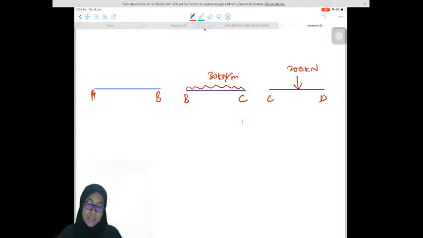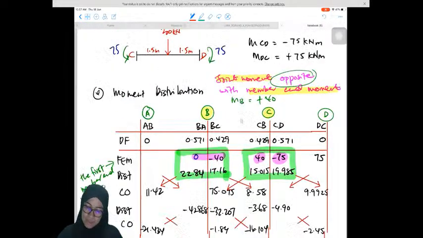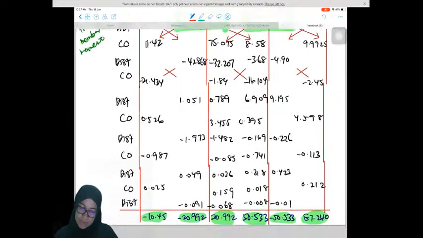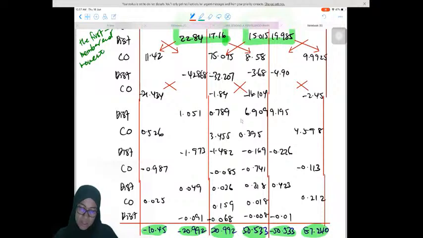We have determined the moment. So now we look at this value. Look at the sign first. If the sign is negative, we draw the negative moment direction. Negative means counterclockwise, because our sign convention for this beam is clockwise positive.